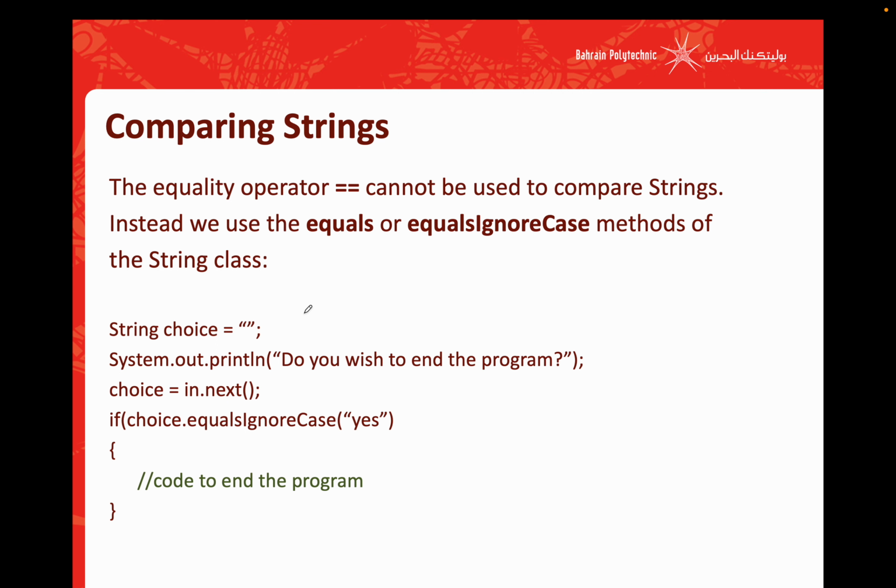to compare them. And the problem with string is you cannot write, for example, the string object here, for me it's called choice. So if I write choice equal to, and then check if it is the same as yes, this is more difficult than it looks.